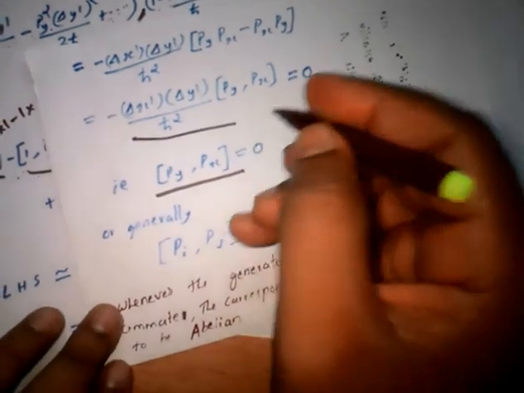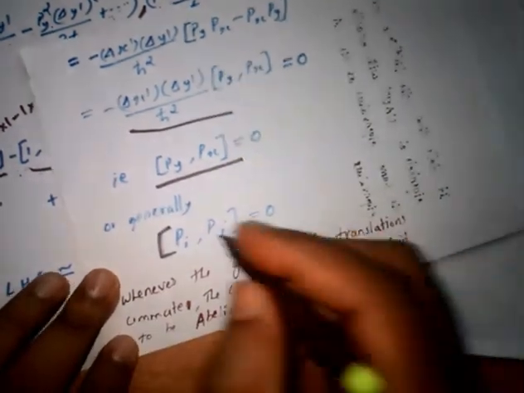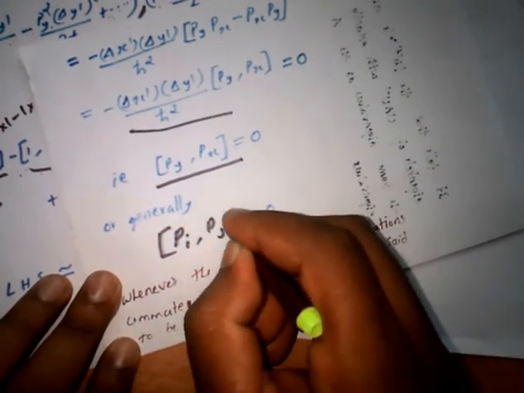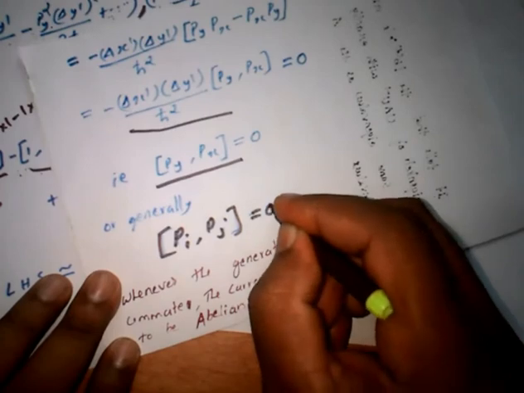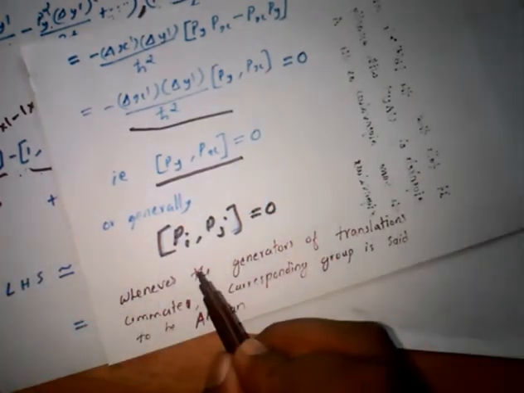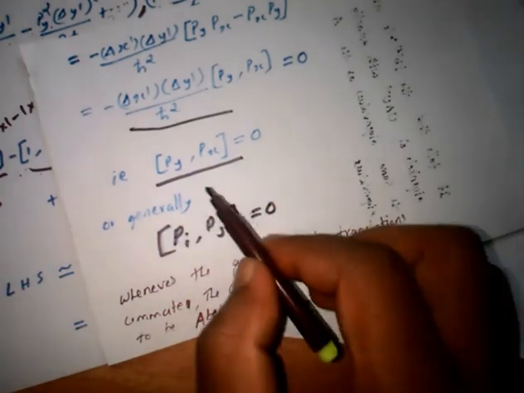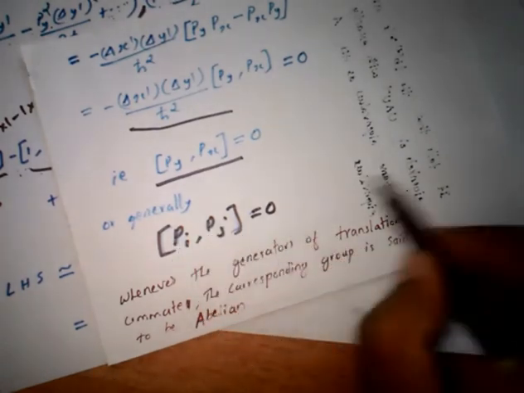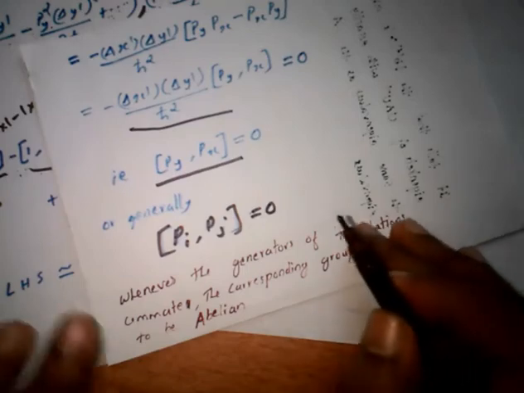Or generally we can write [pi, pj] equals 0. That means px py, or py pz, or pz px all become 0.